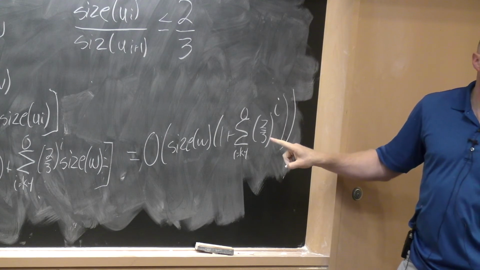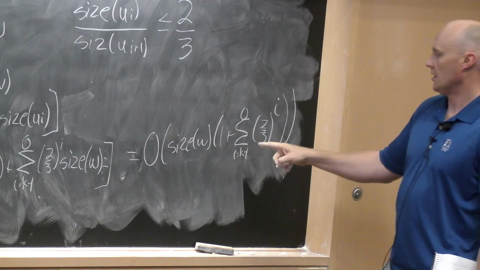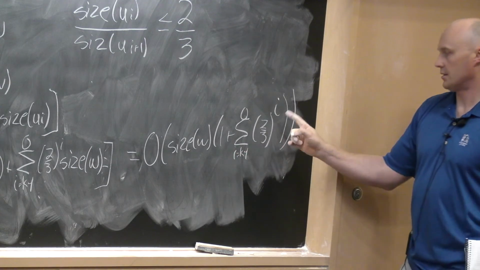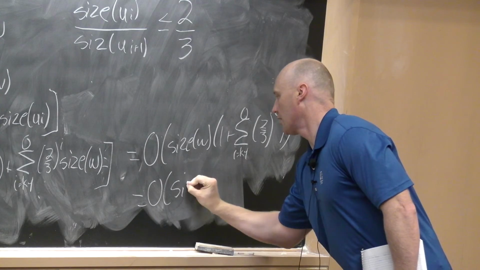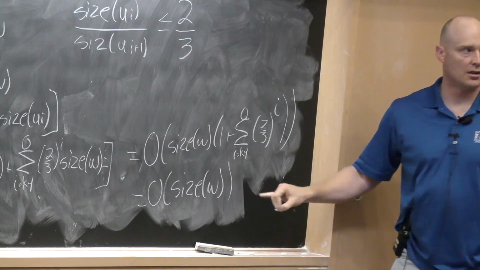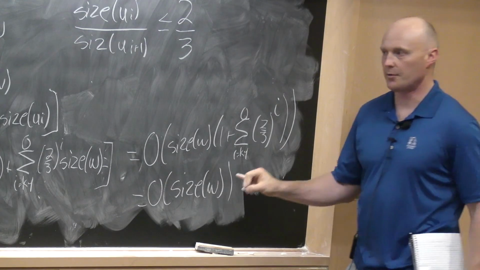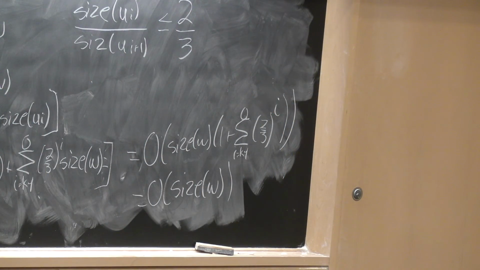This is a geometric series, so it's a constant, I think it's 3 or something. So it's some constant times this. So all the calls to size are big O of the size of the scapegoat. So when we rebuild, all the calls to size are still linear in the size of the subtree that we're rebuilding.